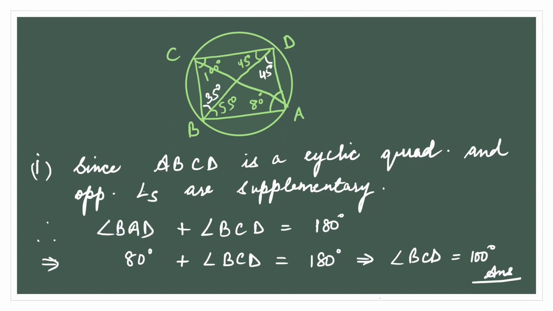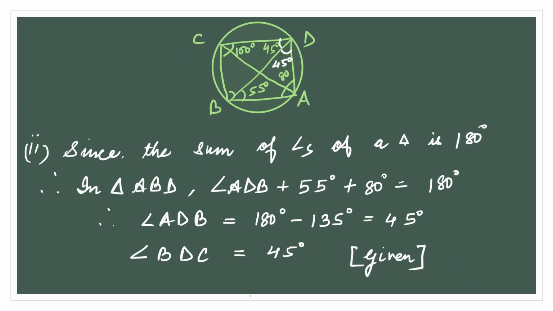This angle we can find out was equal to 100 degrees. This angle we found out as 45 degrees, and this angle was already given. So when we add these two angles, we get 90 degrees. So when this is equal to 90 degrees, then this is the diameter. See, you can solve it.